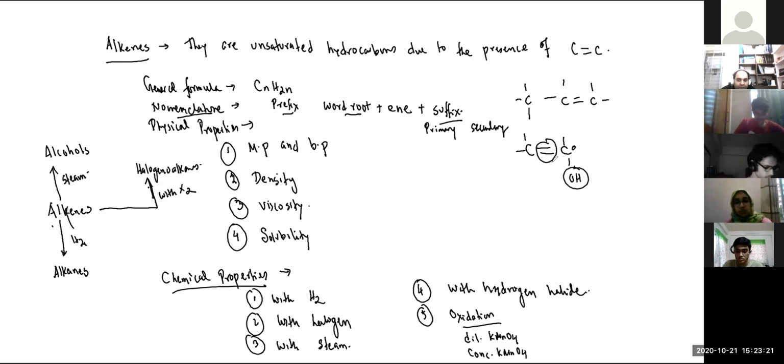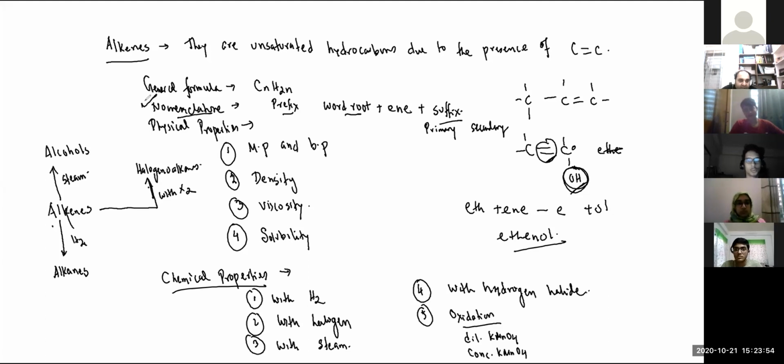Who's more powerful, alkene or alcohol? Alcohol. So what will the name be? Eth. So the word root would be eth, plus ene minus e plus ol. So the name will be ethenol.